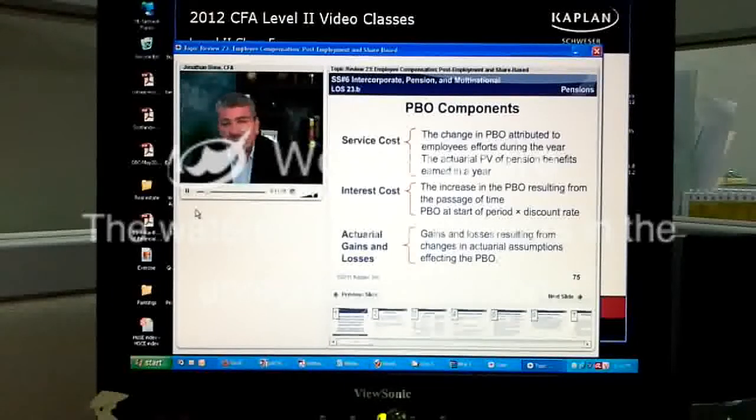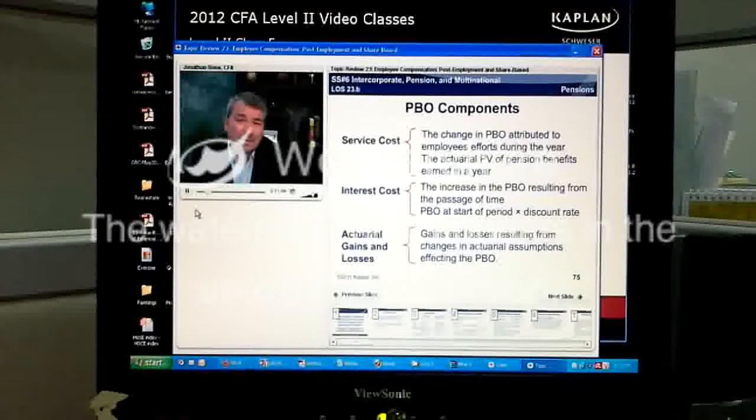Interest cost. Now, if you were to hold everything constant, the PBO would still increase from year to year. Remember, the PBO are the payments that are going to be made to the employee on retirement discounted back to today's date. As a result, for every year you work, you're one year closer to retirement, and those payments are being discounted back one less period, and as we know, if you discount back one less period, the present value's got to increase.